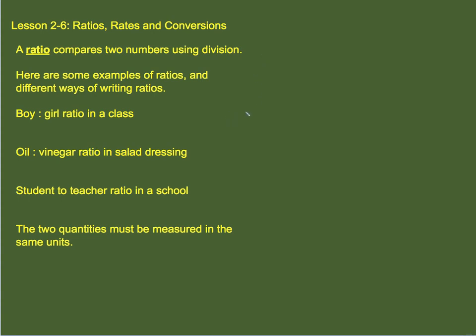A boy-to-girl ratio in a class might be 3 to 2, and we can write that as a 3 to 2 ratio. We can write it as a fraction, or we can write 3:2. The oil to vinegar ratio in a salad dressing, for instance, might be 5 to 1, which is the way we'd usually write it, but you could also write it as a fraction or as 5:1.